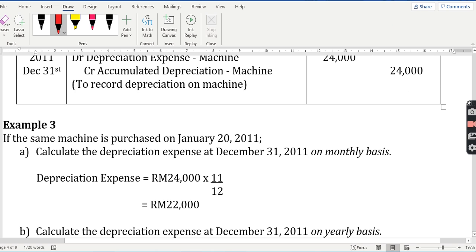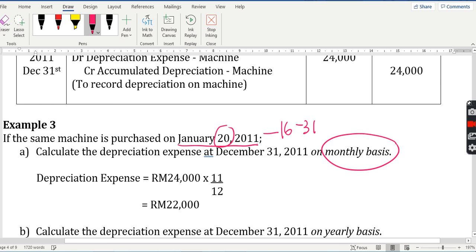As you can see here in example 3, let's say the asset is purchased on 20th of January 2011, and we are using monthly basis. If the date of the purchase is on the 20th, this is from 16 until 31st, so the depreciation expense calculation will only start from the month after, that is February.